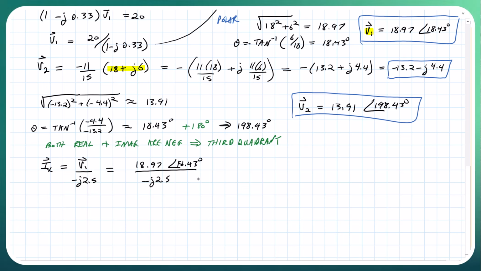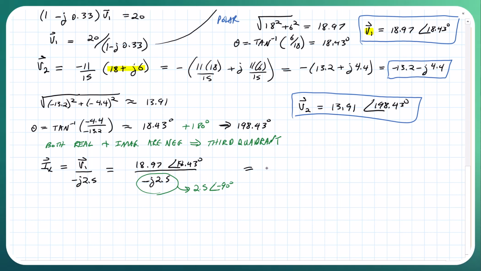We can convert this back to rectangular format and do that work again, or we can take this guy and put it in polar format, and what that gives us is 2.5 at minus 90 degrees, and work in that format.